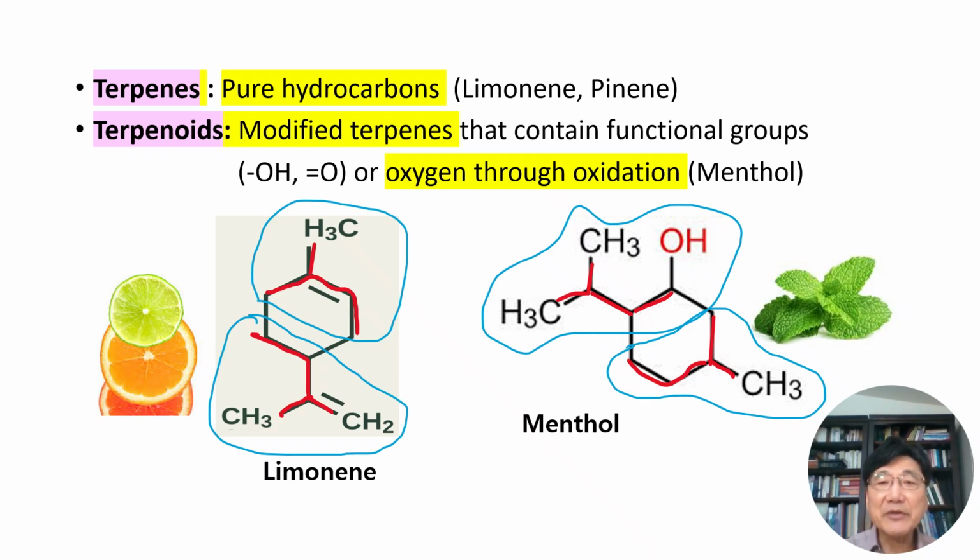Terpenes and terpenoids are chemically distinguished. Terpenes are pure hydrocarbons, but terpenoids are modified terpenes containing a functional group or oxygen. Limonene is a terpene and menthol is a terpenoid with an alcohol group.